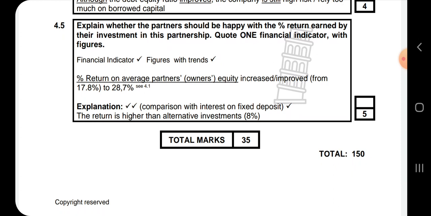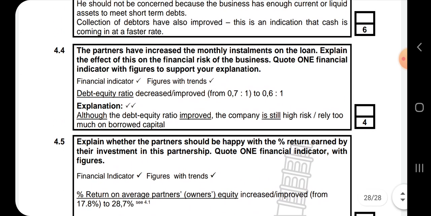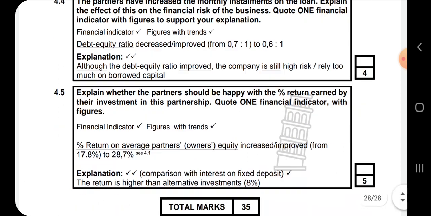So return on average partners or owners equity improved from 17.8% to 28.7%. Comparison with interest on fixed deposit, the return is higher than alternate investment. So you see, it's not actually good to have debts anyway, so business should limit their debts as much as they can. So that was the end of this 30 marks.